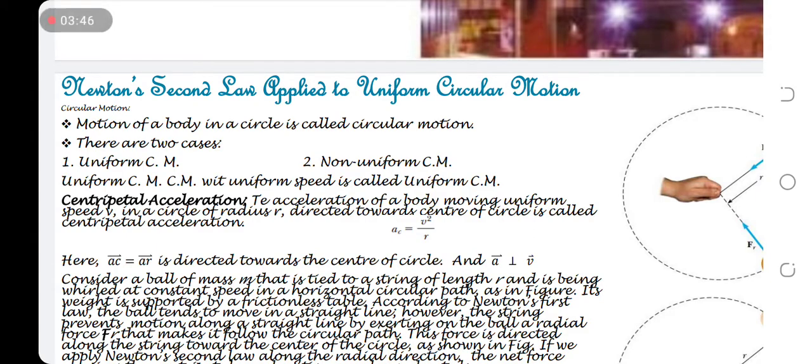Uniform circular motion: circular motion with uniform speed is called uniform circular motion. It means if a body is moving with uniform speed in a circle, we call this circular motion a uniform circular motion.